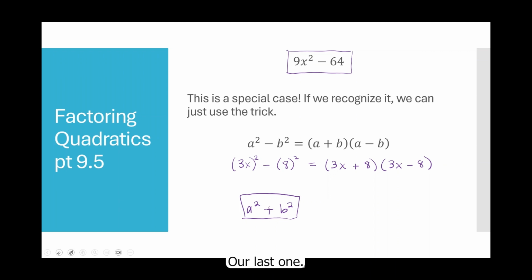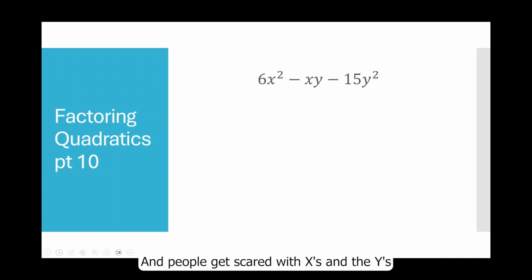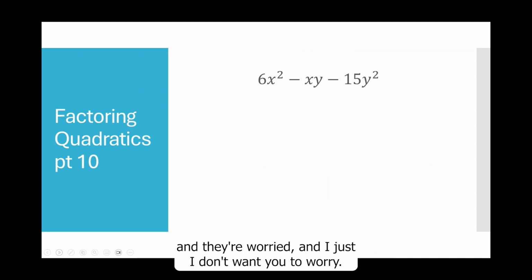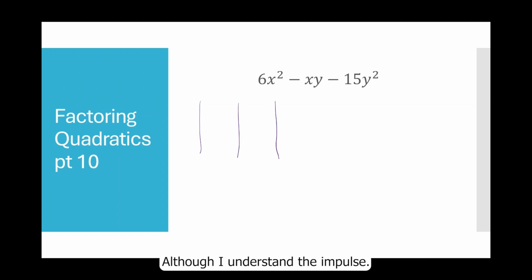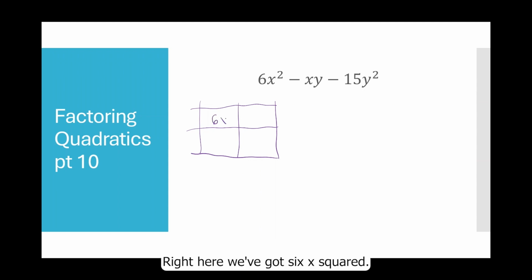All right. Our last one. You will sometimes see these and people get scared with the x's and the y's and they're worried. And I don't want you to worry, although I understand the impulse. I want to show you why you don't need to panic. Right here we've got 6x squared. Right here we've got negative 15y squared.